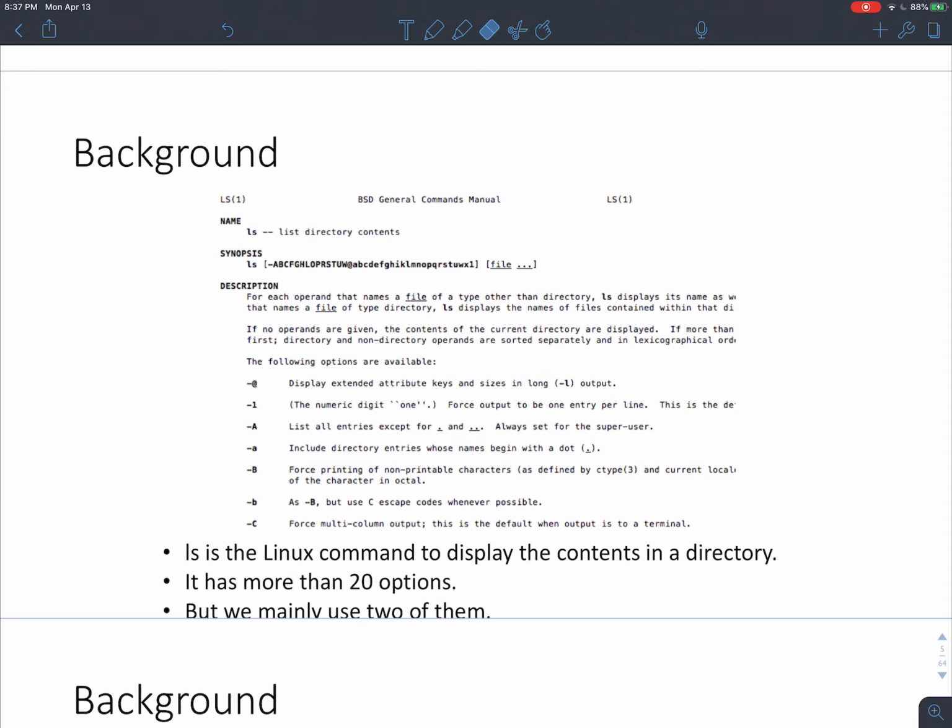Different options means that it's like a specific parameter of this function. If you choose a kind of parameter, it shows the files or directories in a relatively different way. But actually most of the options are rarely used by users.